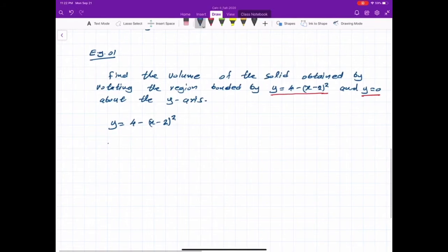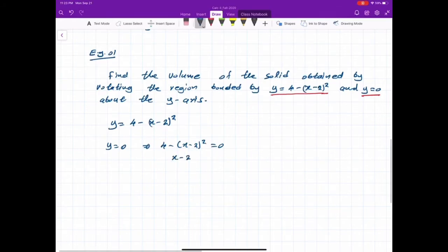Now I'm going to draw this parabola. I have to find a few points. For that, I plug in y equals 0. If y equals 0, I have 4 minus (x minus 2) squared equals 0.